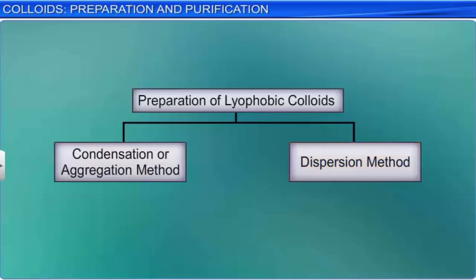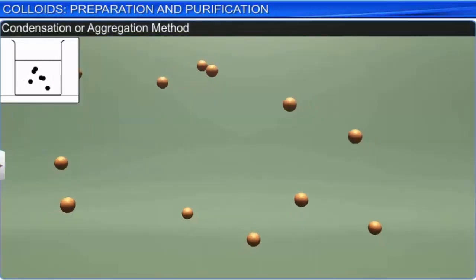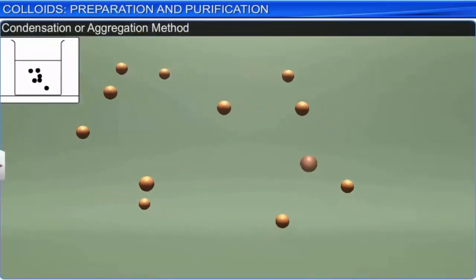We will first discuss the condensation or aggregation methods. As the name suggests, in condensation methods, the smaller particles of the dispersed phase aggregate to form larger particles of colloidal dimensions.